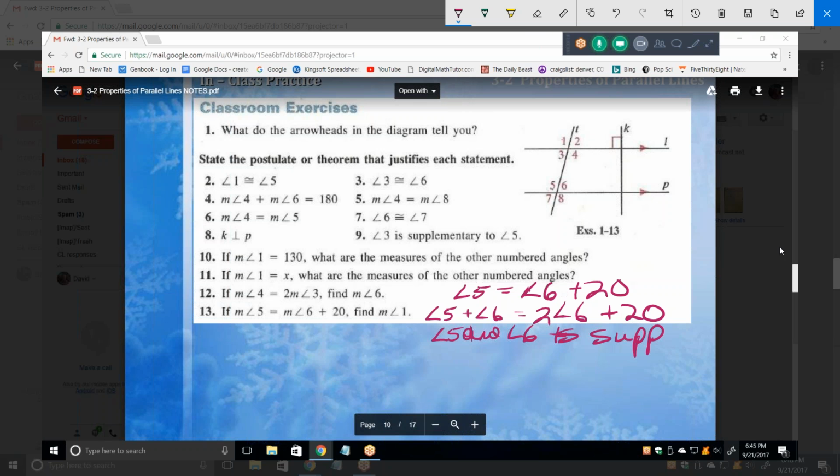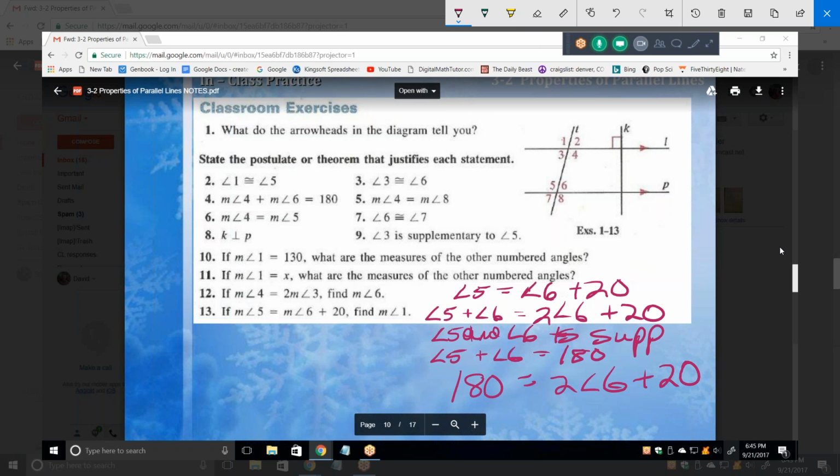Therefore, angle 5 plus angle 6 equals 180, definition of supplementary. So now my equation reads 180 equals 2 angle 6s plus 20.